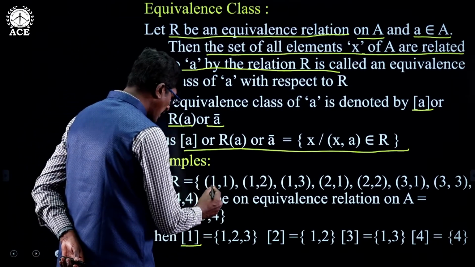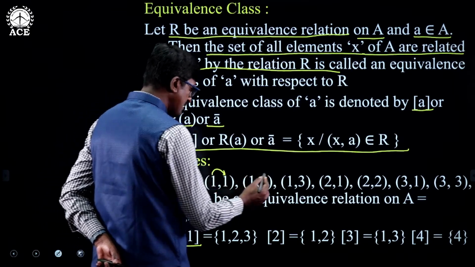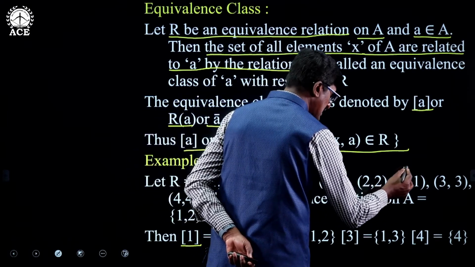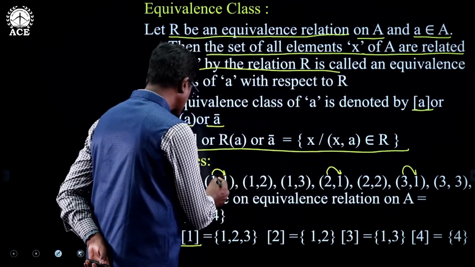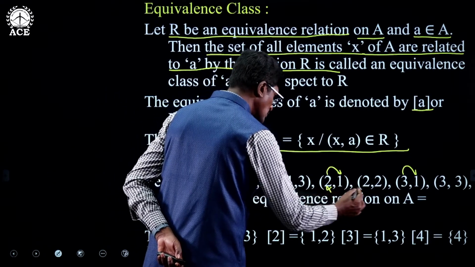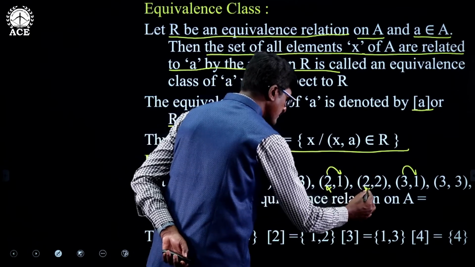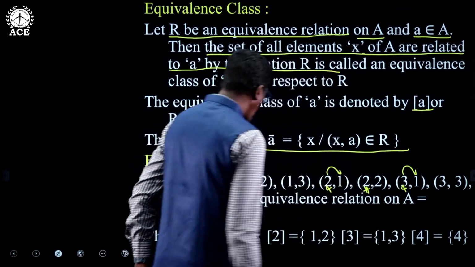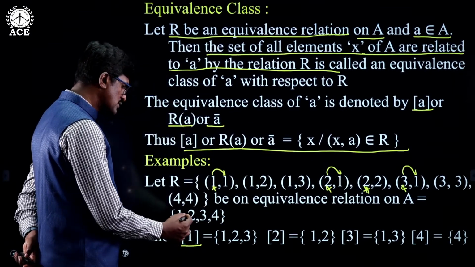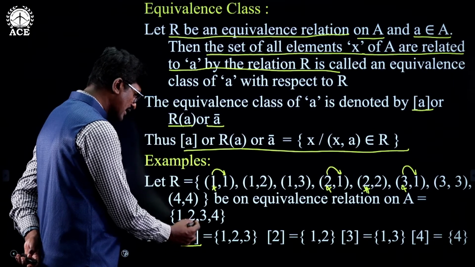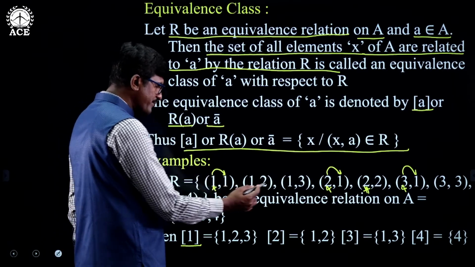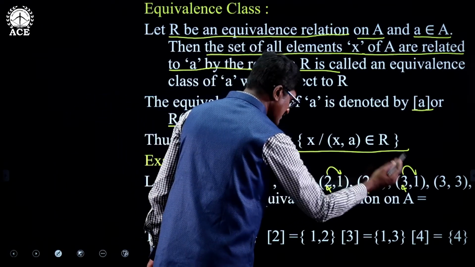Here 1 is mapped to 1, 2 is mapped to 1, and 3 is mapped to 1. So these are all X. What are the X values? X equals 1, X equals 2, X equals 3. So 1, 2, 3 are mapped to 1. The equivalence class of 1 is nothing but the set of all elements which are mapped to 1.